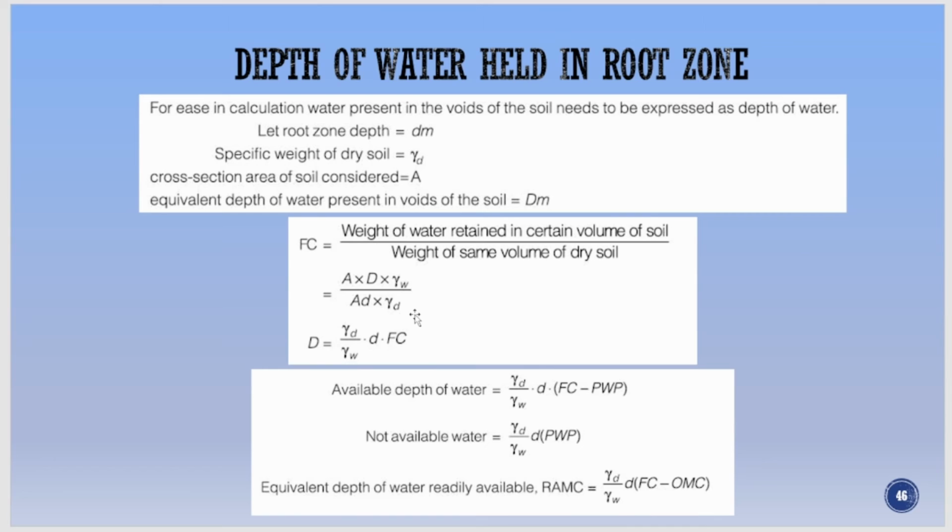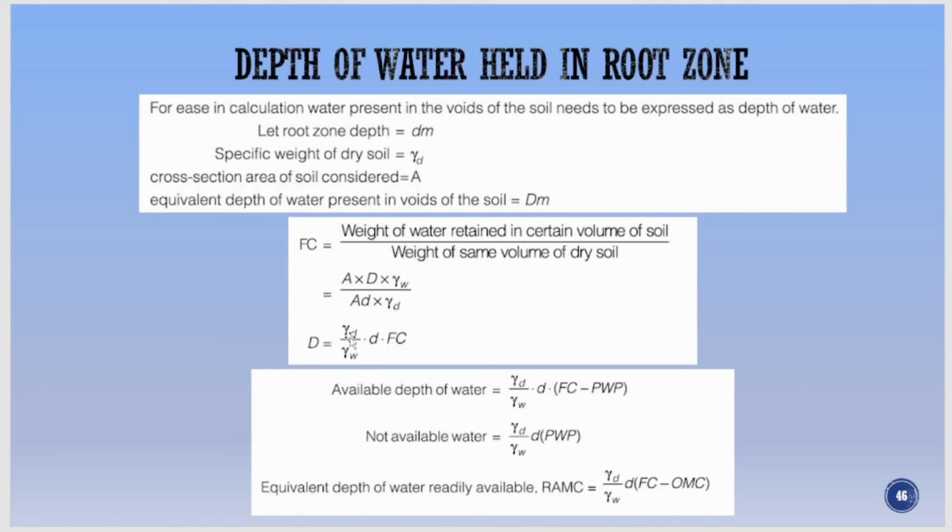Gamma d is the unit weight or specific weight of dry soil. So this completes your numerator and denominator. Now, as we know, area will get cancelled. We are interested in determining the depth of water, right? We can just send these terms to the right hand side, and this is the equation that will get developed.